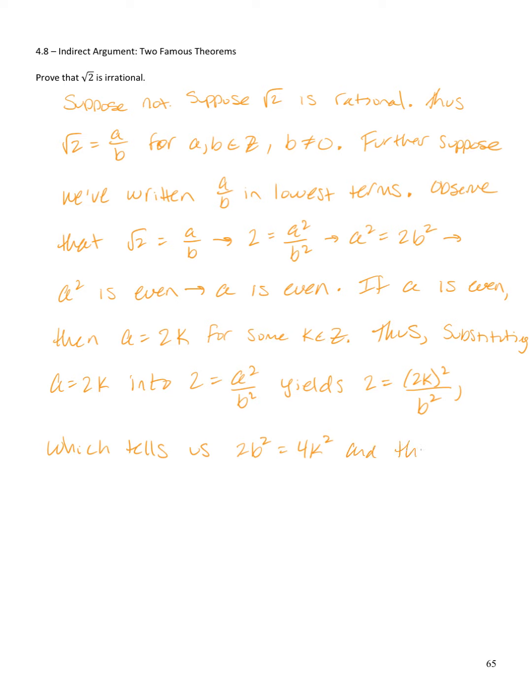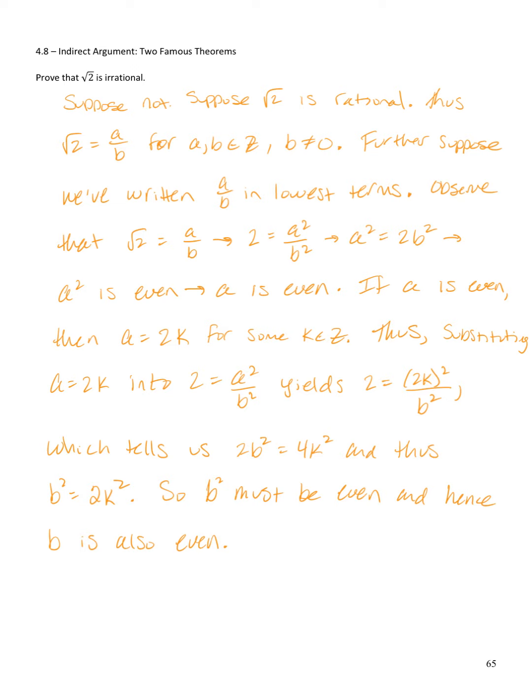And thus, b squared equals 2k squared. So b squared must be even. And hence, b is also even.